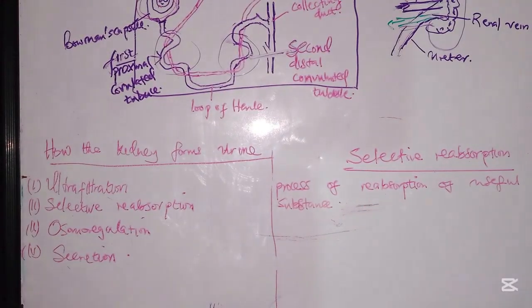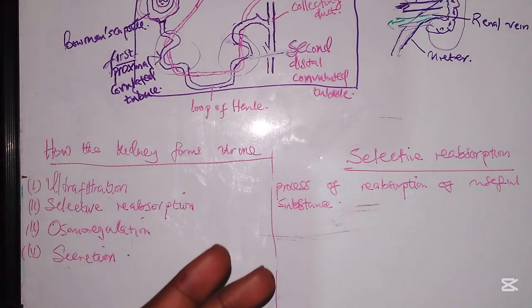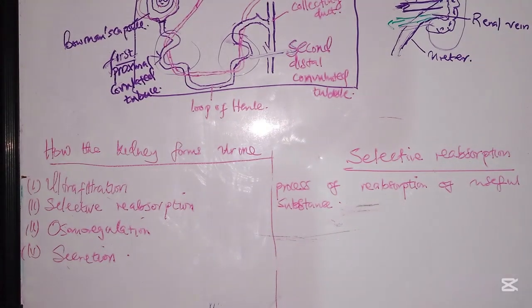Yeah, remember we said that the substances which crossed the Bowman's capsule were urea, water, salt, and glucose. So, what are the useful substances that will be reabsorbed in selective reabsorption? Because the name says selective, meaning it will only allow some substances, some won't be allowed because it is selective.